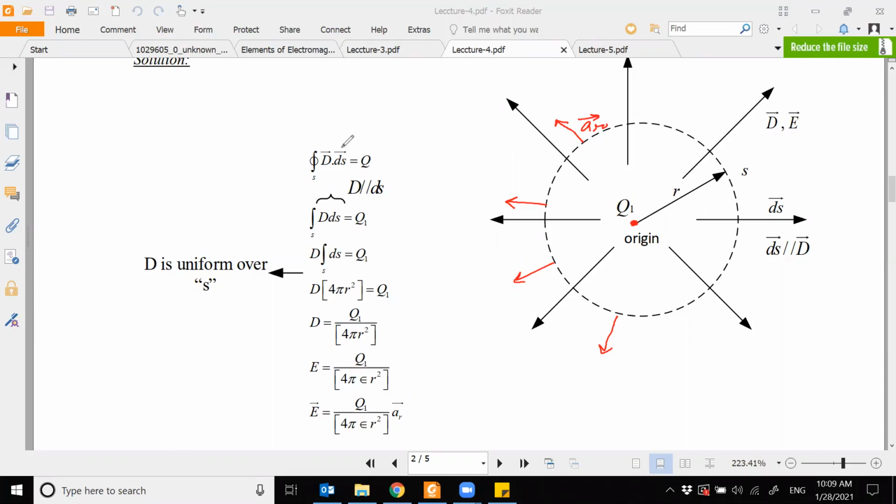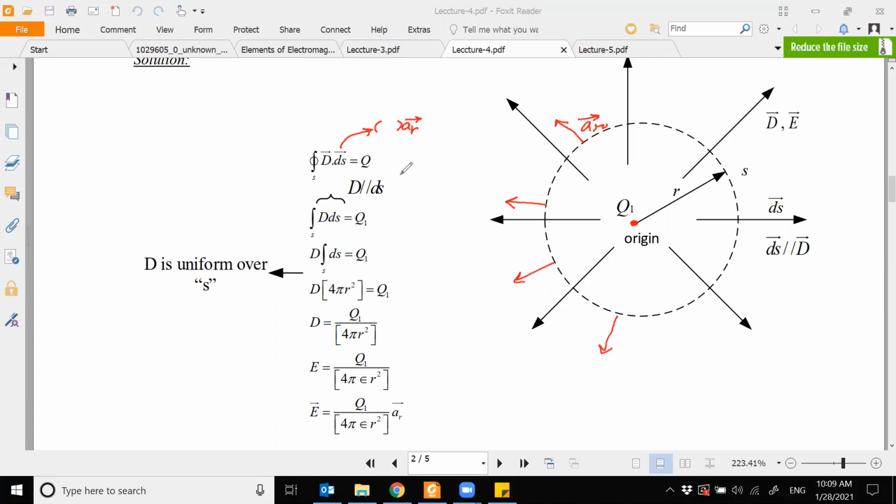So my dS vector will be some dS value times a_r.